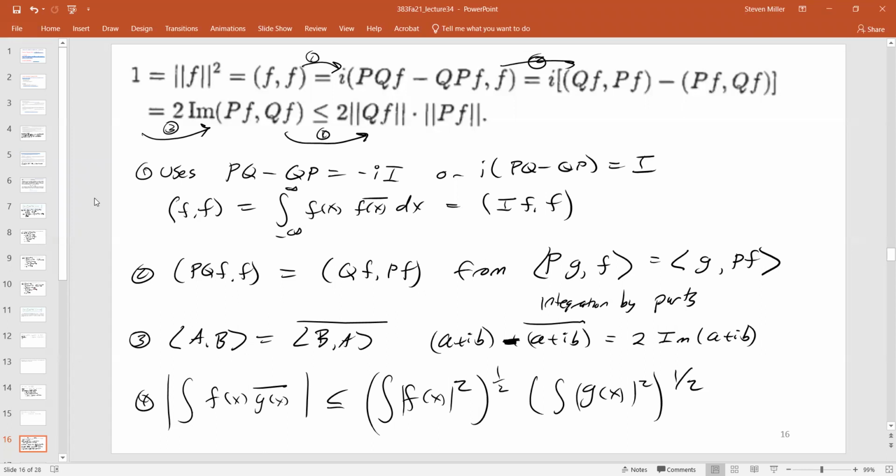And if you think about it in terms of units, you can see that this does make sense. If I multiply f by a factor of 5, it's not going to change both sides. So something like this is at least a very reasonable formula. And then this is not quite calculated what we wanted. This is calculated that the length of Q of f times the length of P of f is at least a certain amount.